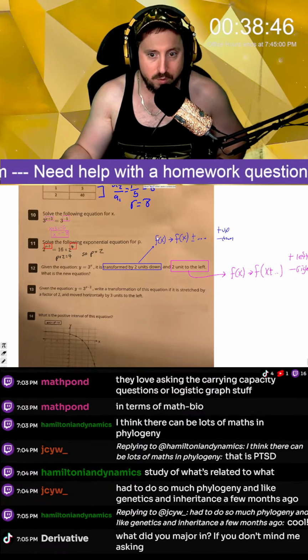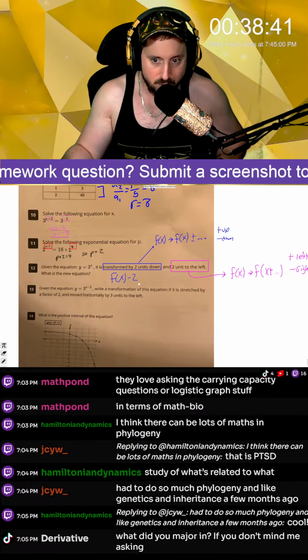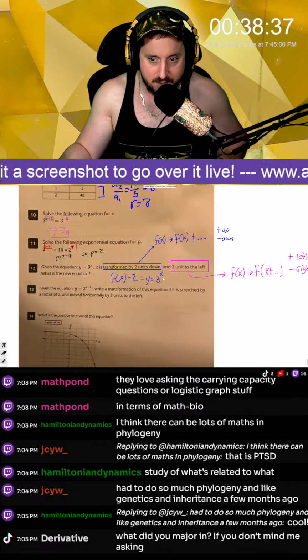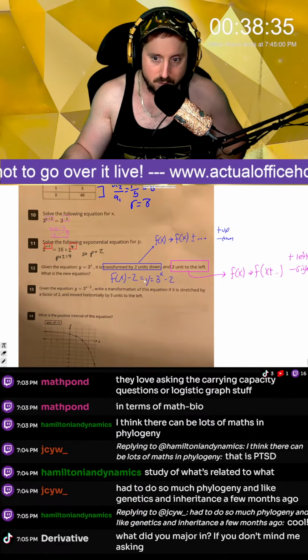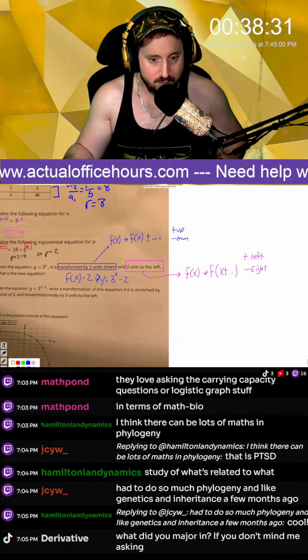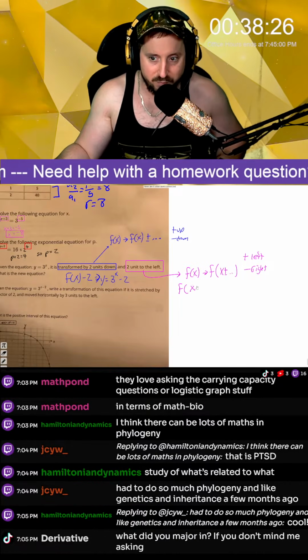Okay, so 2 units down. So that's going to be f of x minus 2. So that means we now have y is equal to 3 to the x minus 2. And then if I want to go 2 units to the left, so that's f of x plus 2.